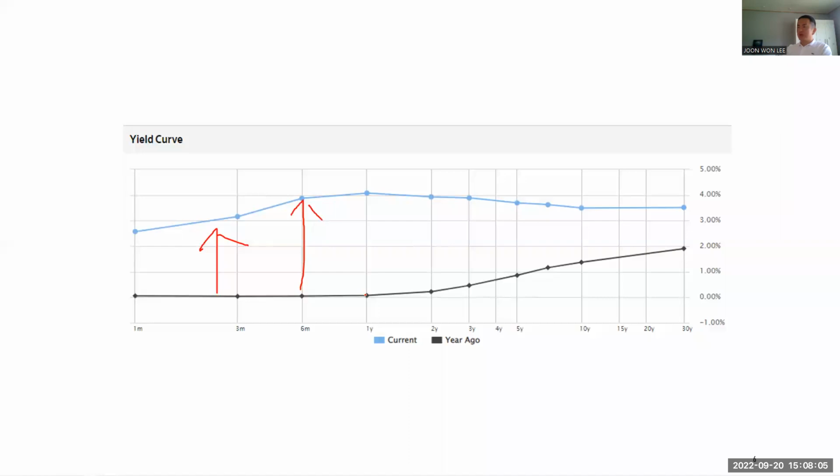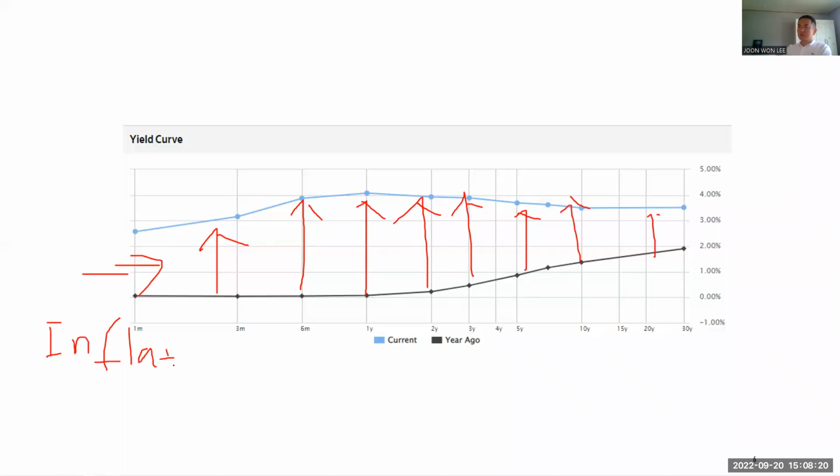Every maturity interest rate has increased a lot in just 1 year. This is a reflection of inflation, right? That's why sometimes people say inflation is good for debtors.